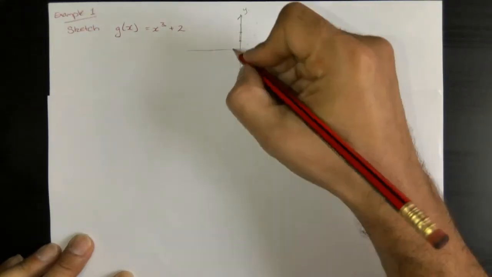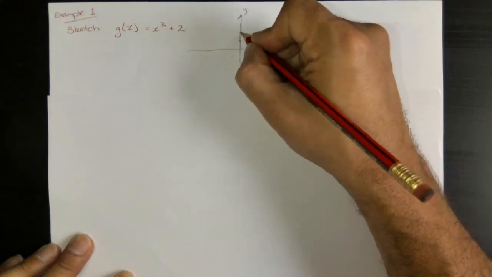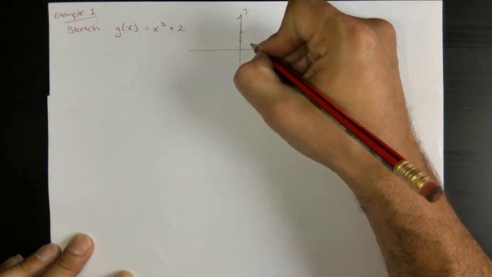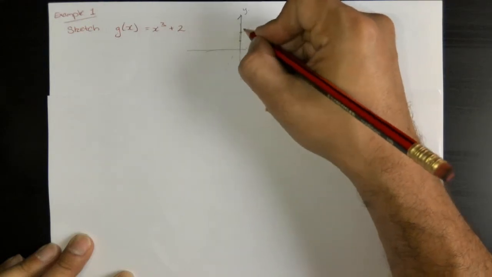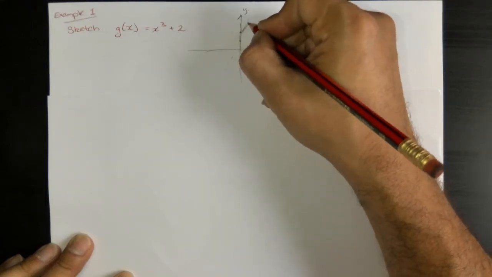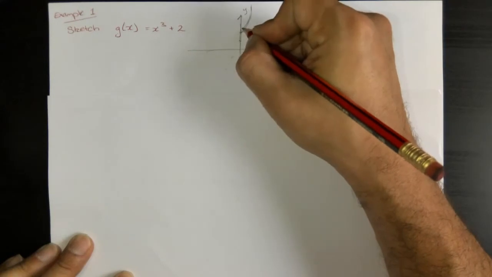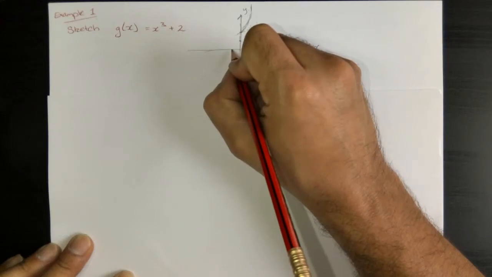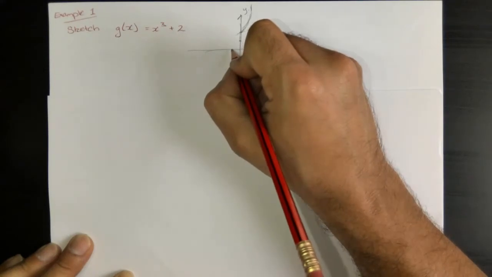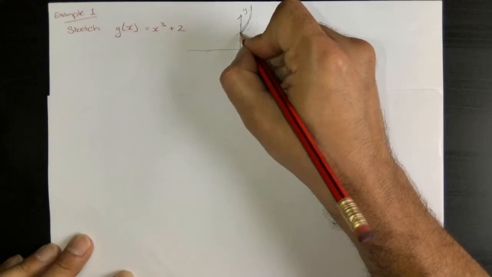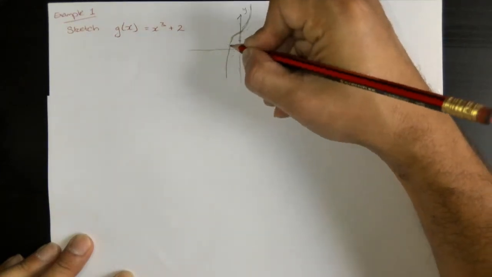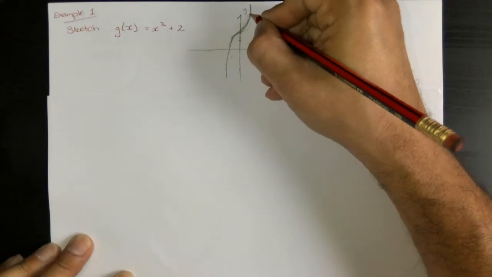So 1, 2, this will be here. And all points will translate up 2 units. If I had negative 1, that'd be negative 1 plus 2 is 1. So the cubic would look something like that.